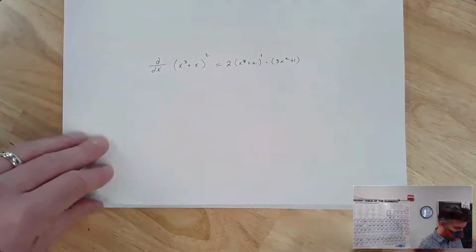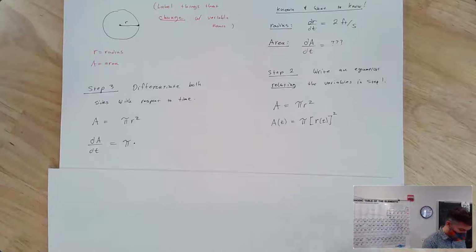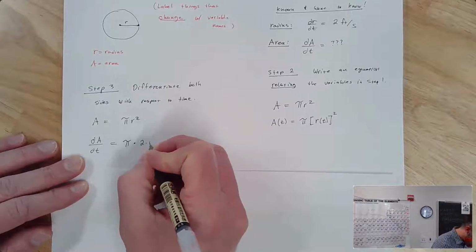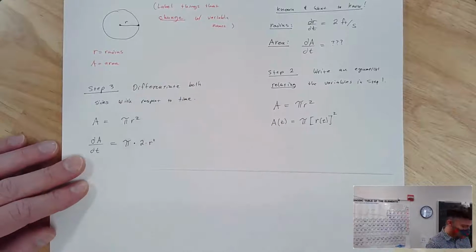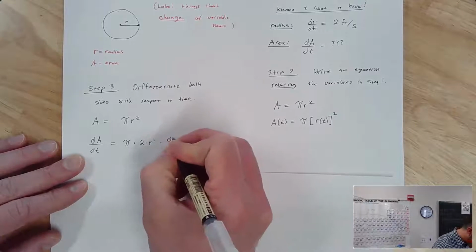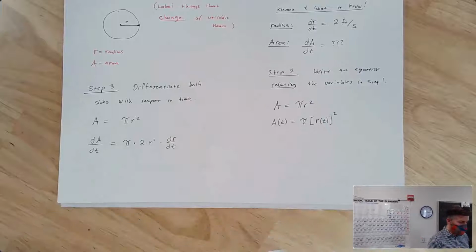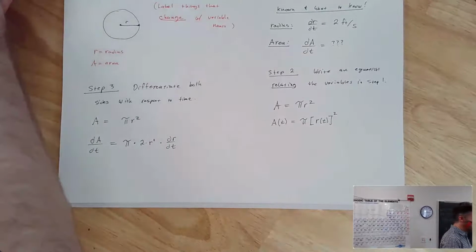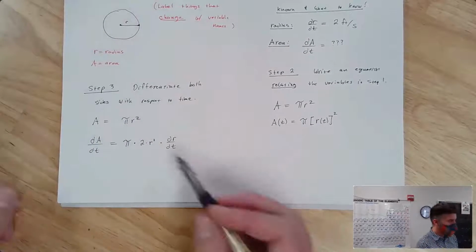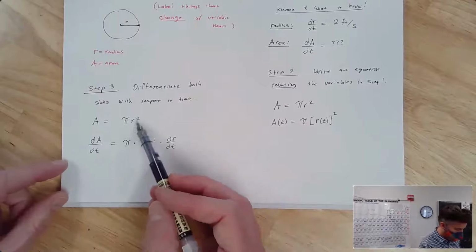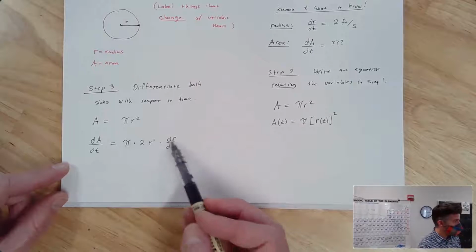That's exactly what we're going to be doing over here. The derivative of some stuff squared is 2 times the stuff to the first power times the derivative of the stuff. You can also think of it like implicit differentiation, where r is implicitly a function of time, and the derivative of r squared is 2r times r prime.